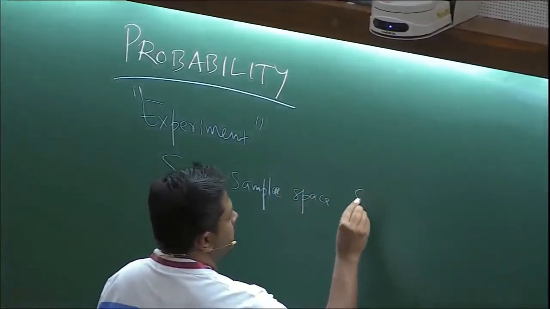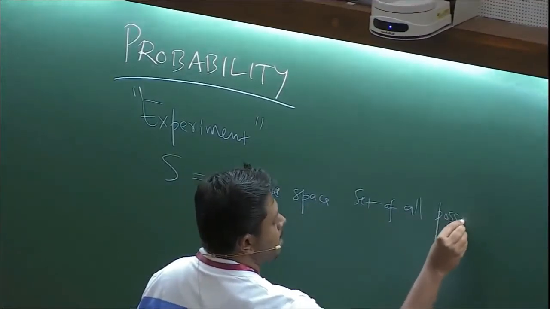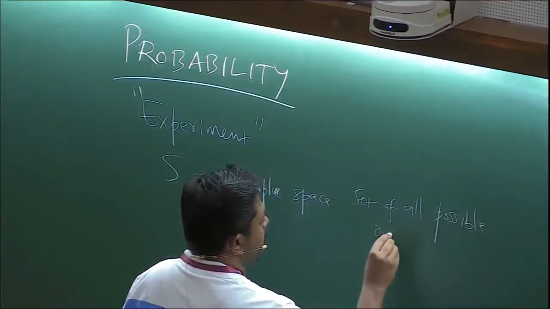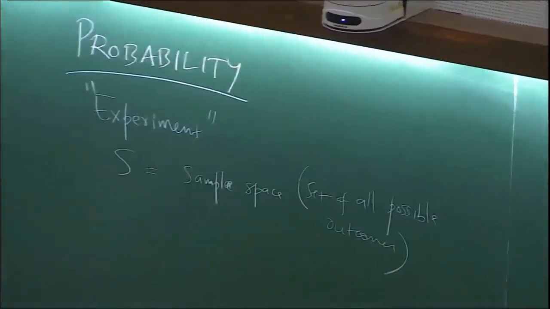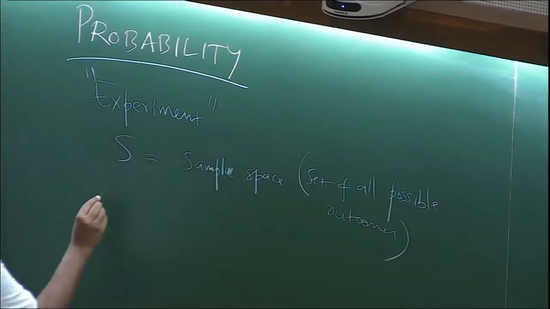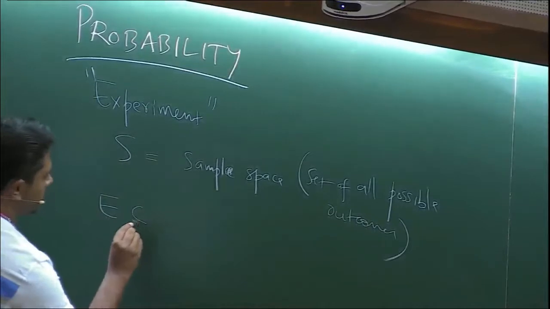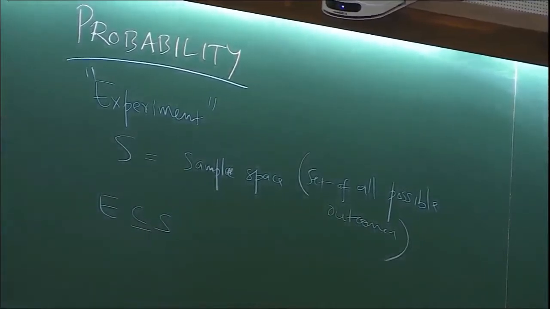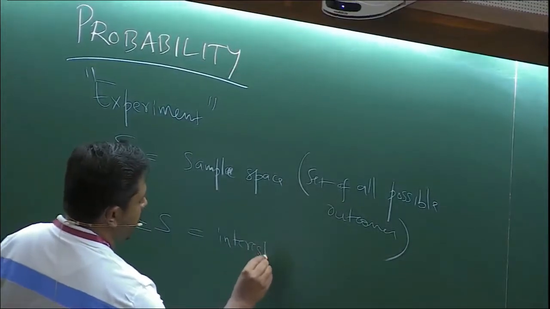So this is the set of all possible outcomes. And out of this set, you can pick out some event E, which is a subset of the sample space. This is the set that you are interested in, some set of interesting outcomes.